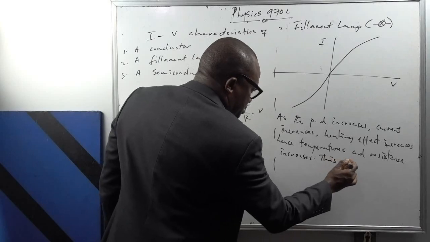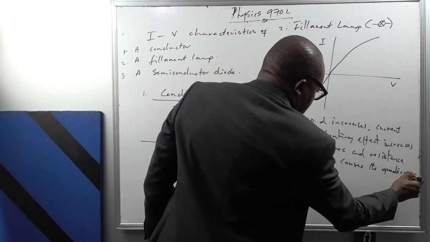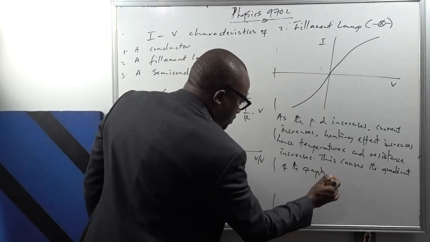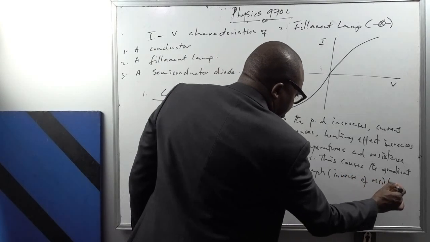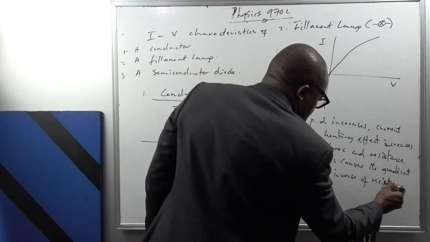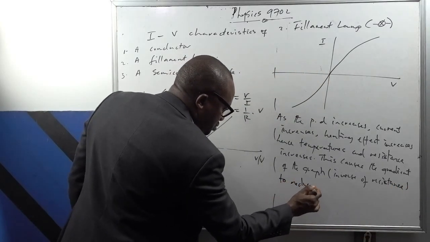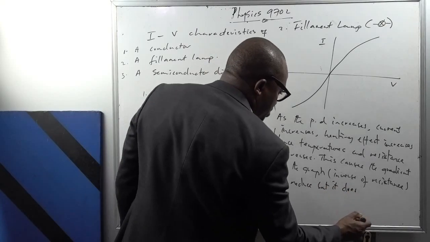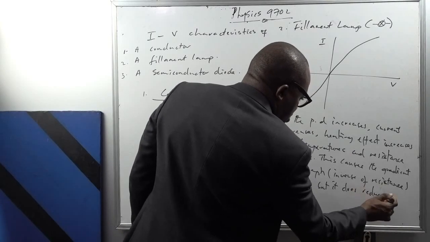This causes the gradient of the graph, in brackets the inverse of resistance, to reduce, but it does not reduce to zero.